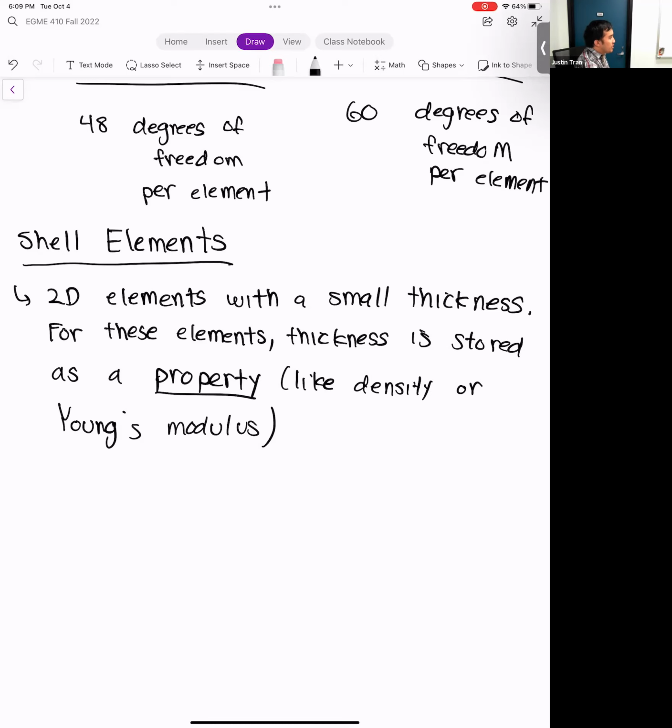Right, and so if you think back to some of our previous ANSYS activities, we've actually worked with shell elements in the last activity. If you remember, there was that application surface where you had to apply the wind force, right? One of the steps we did in that activity was we assigned a thickness. The way that we did that was we just entered the value for the thickness into a data box.